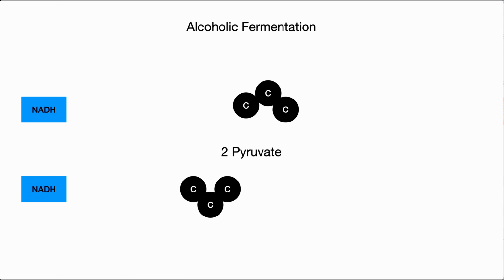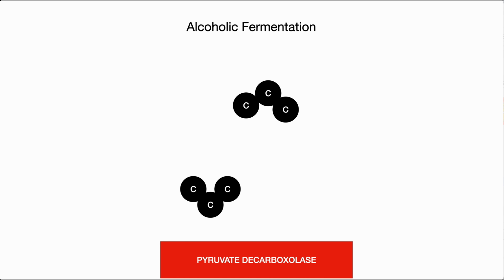Same thing as lactic acid fermentation and glycolysis in general, right? But here's where things get a little interesting. That pyruvate, instead of just being more energized by that NADH, what will first happen is we're going to take this enzyme called pyruvate decarboxylase, right? Decarboxylase, removing a carbon. That's how I like to think about that name.